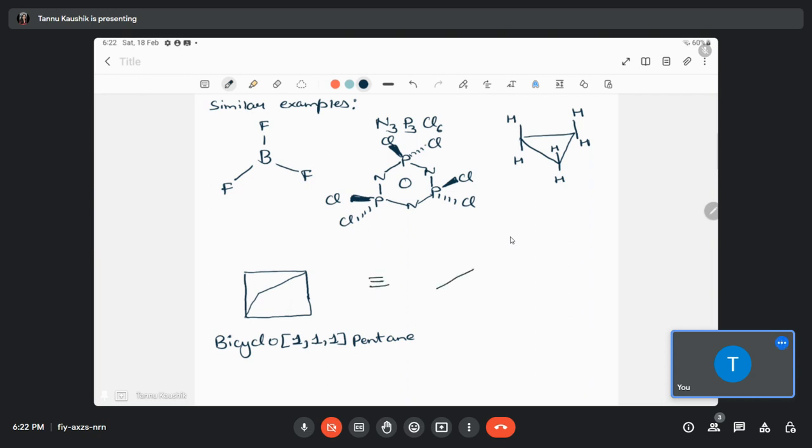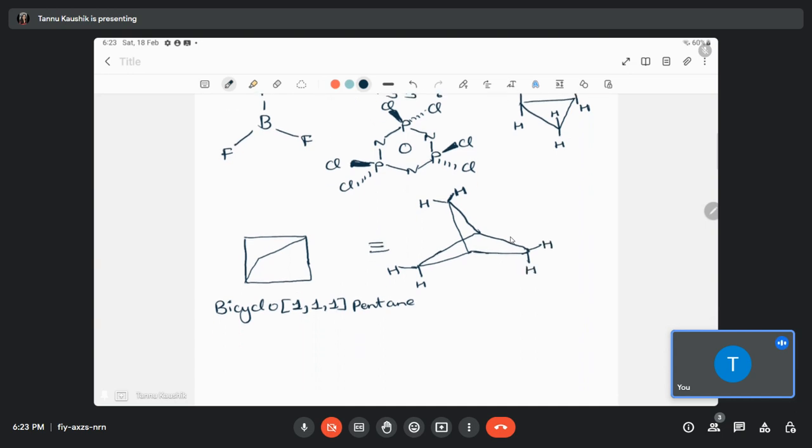So you can represent it like this to properly visualize the point groups. So this will also have D3H point group.